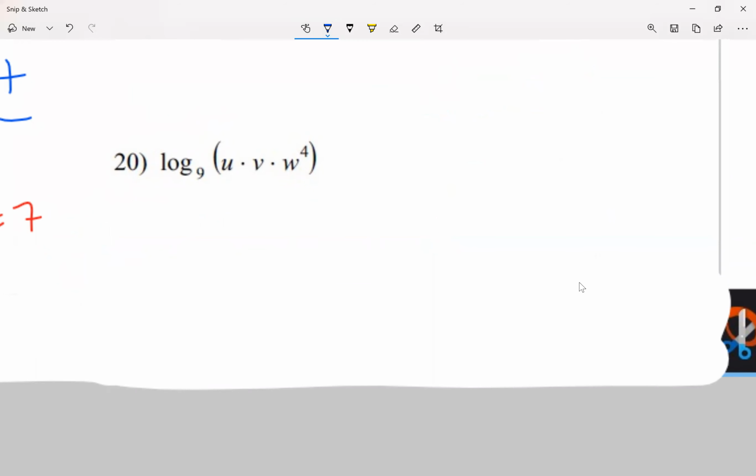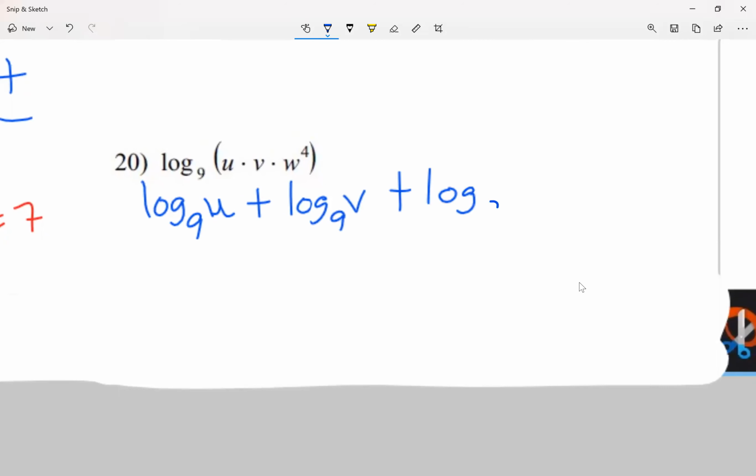So let me break this as log base 9 of u plus log base 9 of v plus log base 9 of w to the fourth. So multiplication inside a log, they split as addition of the same log. And then if you have any exponents, in my case I do, bring it to the front. So let me write this to the front of this log only though.